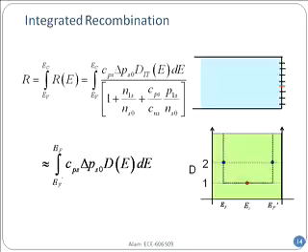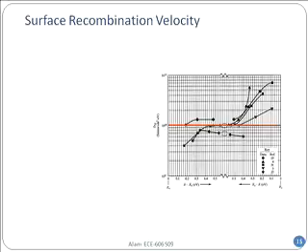And as a result, if D of E, I assume, is more or less a constant throughout the gap, as it is shown here in a picture like this, on the left hand side, this is taken from the book. The left hand side is the valence band and the right hand side is the conduction band.